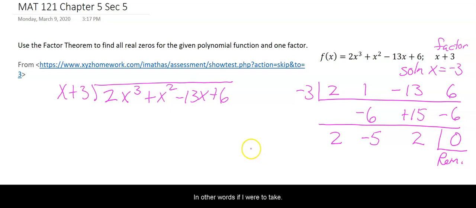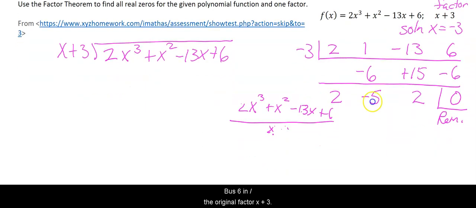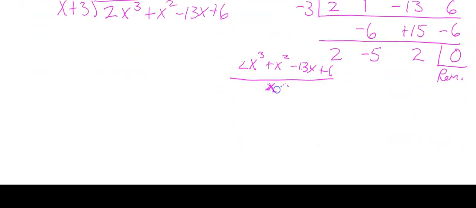In other words, if I were to take the 2x cubed plus x squared minus 13x plus 6 and divide by the original factor x plus 3, I would get 2x squared minus 5x plus 2.